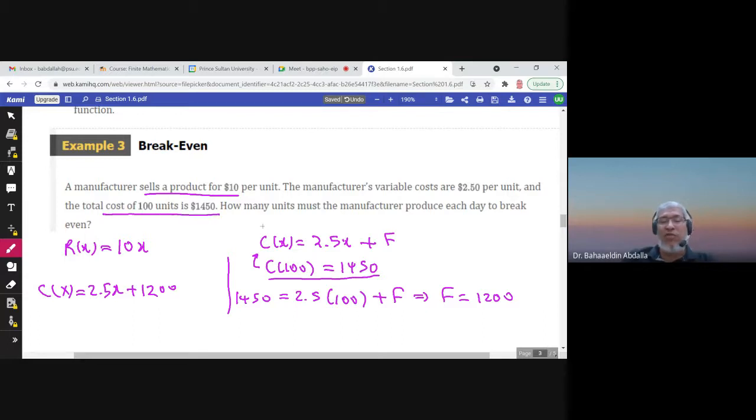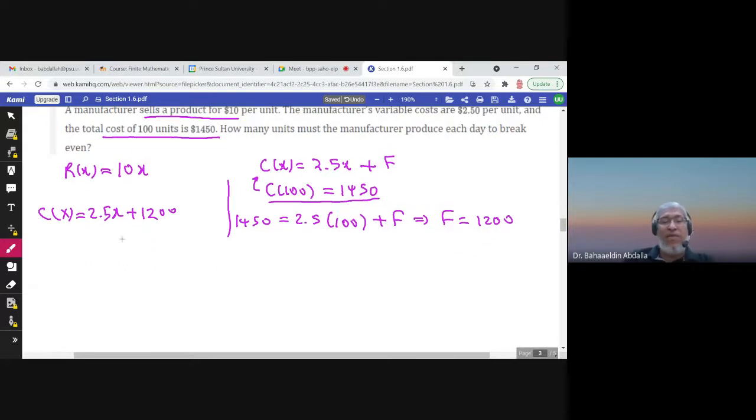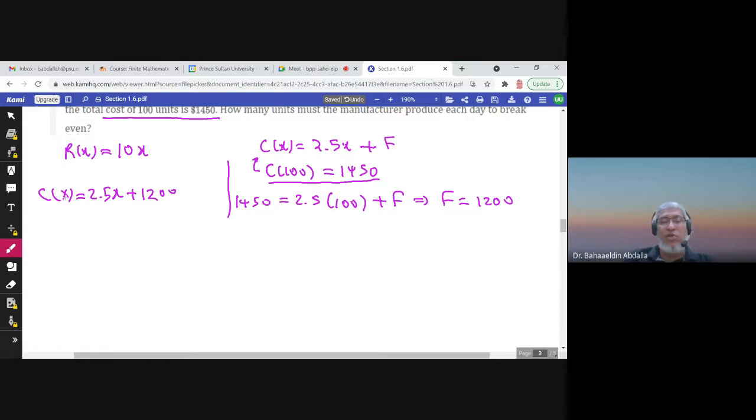That the cost of 100 units is 1,450. How many units must the manufacturer produce each day to break even? Okay, breaking even means the revenue equals the cost. So this is the revenue, this is the cost, they should be equal.